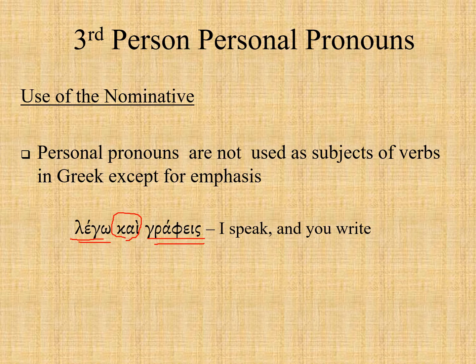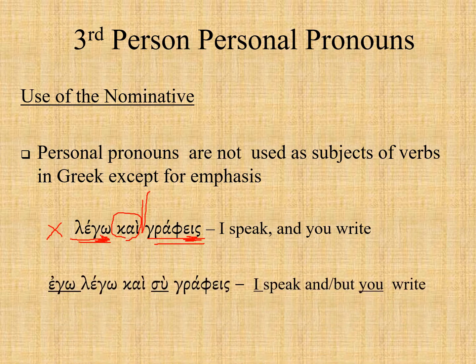Notice there's no personal pronoun here to indicate I, because it's embedded in the personal ending of the verb. Similarly, there's no personal pronoun in front of this verb because it is embedded in the personal ending of the verb. Now we could write ego lego, I write, kai sy graphes, including the personal pronouns.